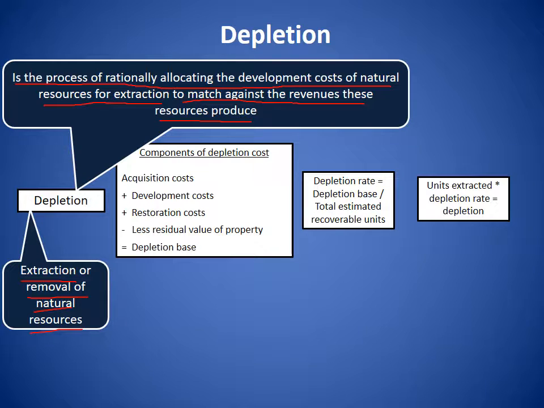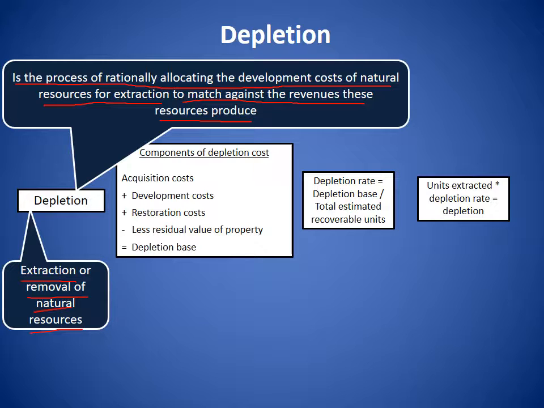Now, when we're going to do a depletion calculation, it normally has to be made against what we call a depletion base. In other words, the total amount of cost used to develop the resources for extraction.